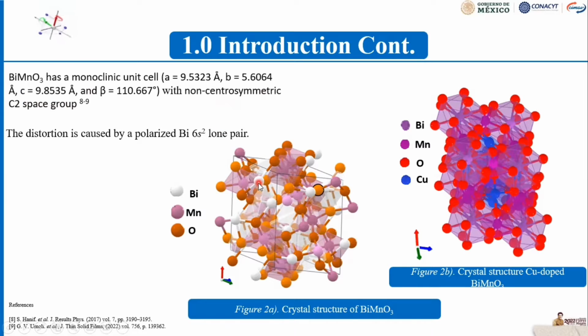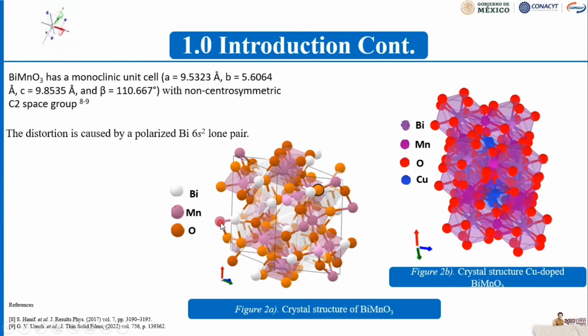The bismuth atoms are located in the lattice body. Manganese atoms are located at the lattice vertex position, and there are two inequivalent bismuth sites. The first bismuth site is bonded in a 4-coordinate geometry to 4 oxygen atoms, while the second site is bonded in a 6-coordinate geometry to 6 oxygen atoms.